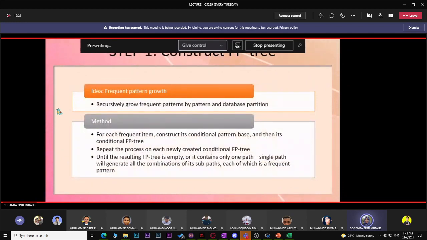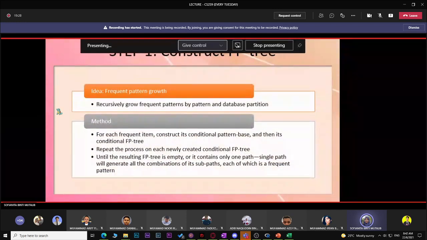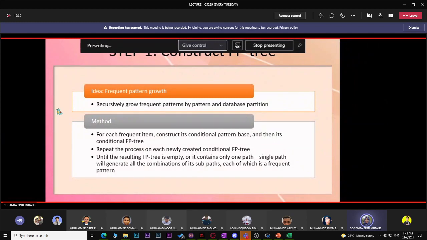What are the methods when we refer to the frequent pattern growth? What are the processes? Definitely it involves, first, constructing the tree, and then we look at the conditional tree, and this path will determine the patterns that frequently occur.